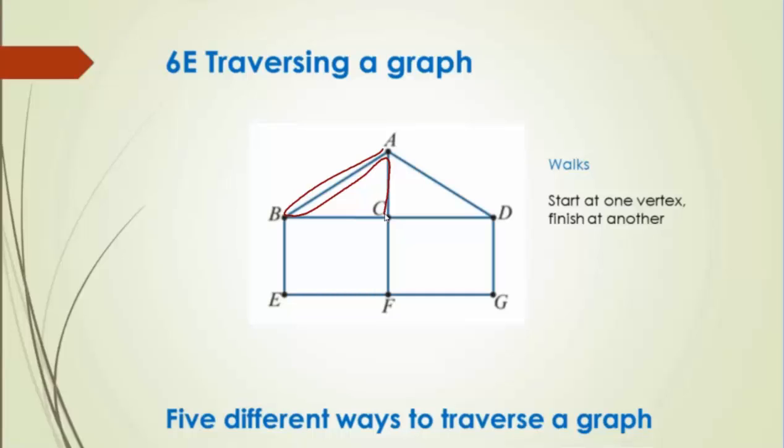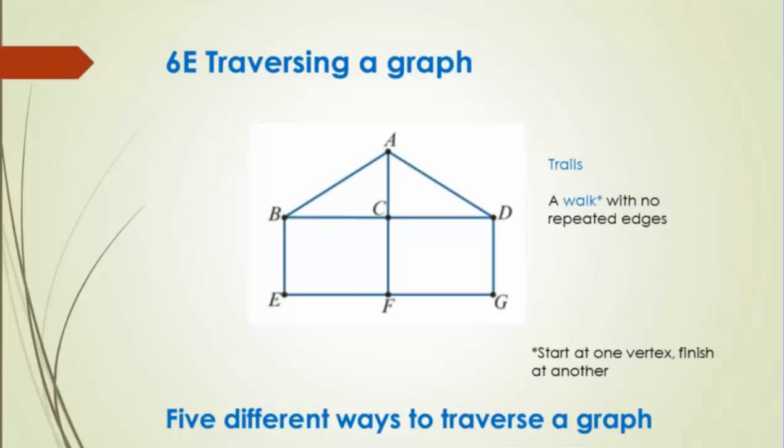It doesn't say I can't go over the line again. There's no restrictions on a walk. You can go backwards and forwards as many times as you like. It just depends on where you finish. Whereas a trail is a walk, but it's got no repeated edges, so I can't do that. I can only do that. I can't repeat the edges.